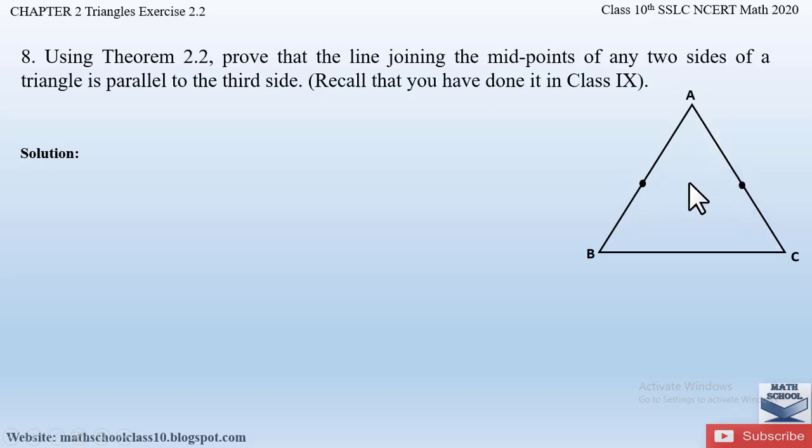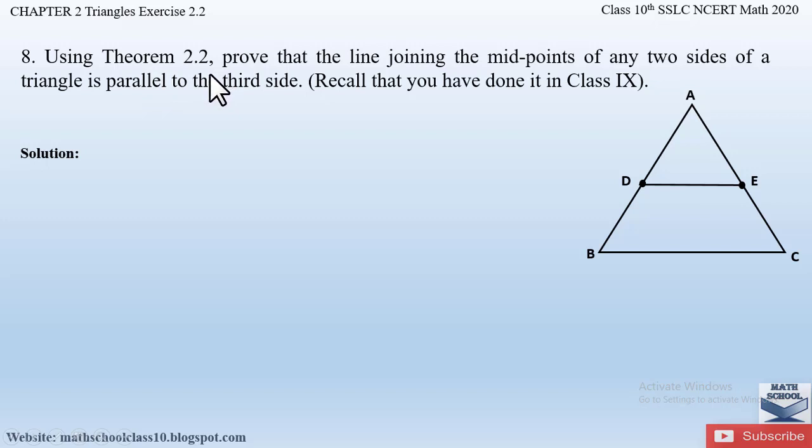Let us join these two points, such that this line will be parallel to the third side of the triangle. Let this line be DE. So this line will be parallel to the third side BC. This is what they have mentioned in the statement of the question. Now we have to prove that DE is parallel to BC by using the converse of the basic proportionality theorem.